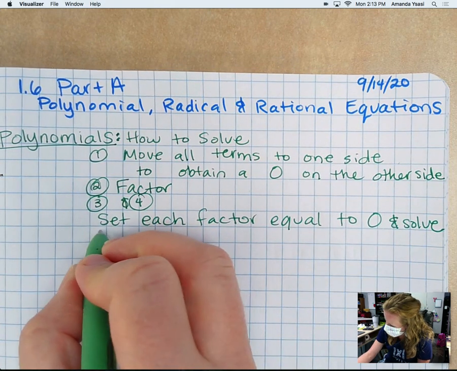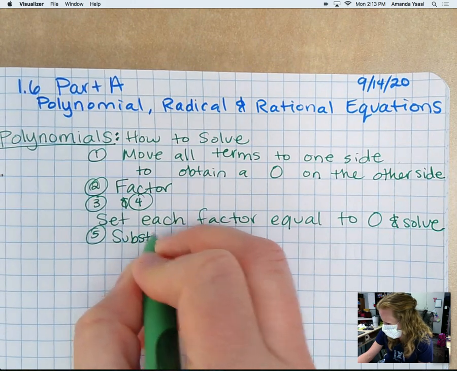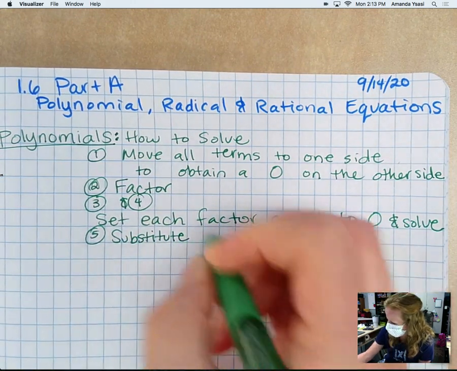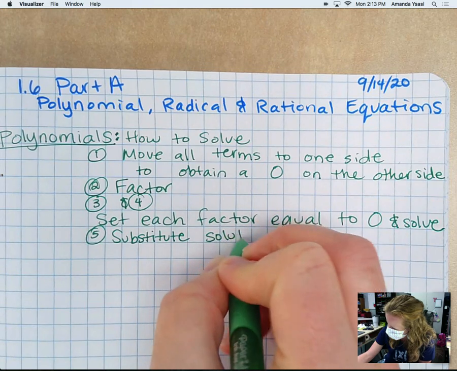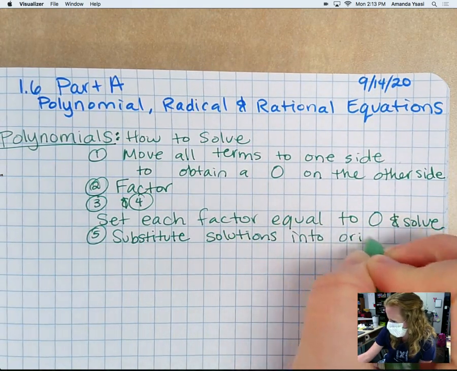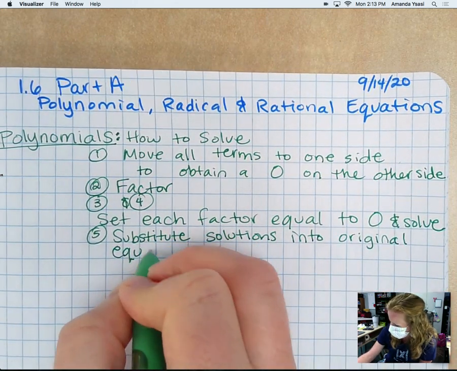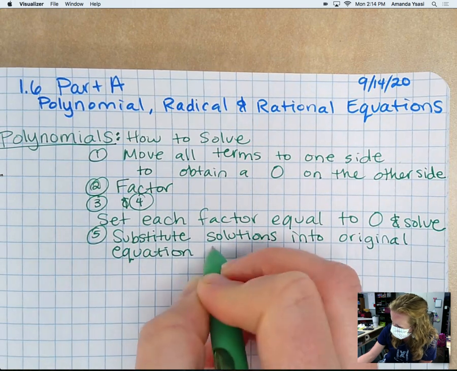And then step 5 would be to substitute solutions into the original equation to check your answer.